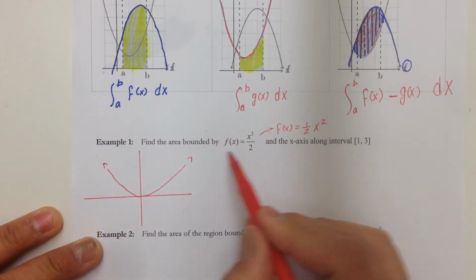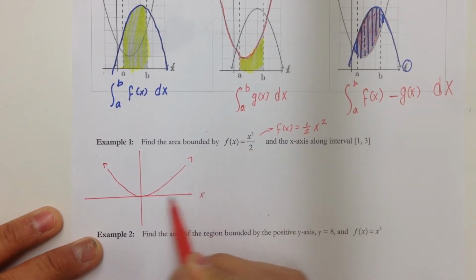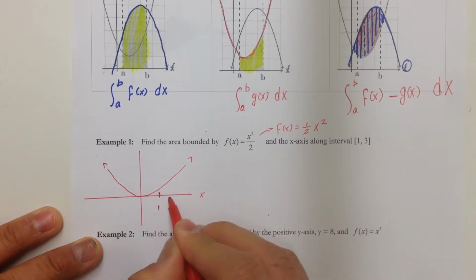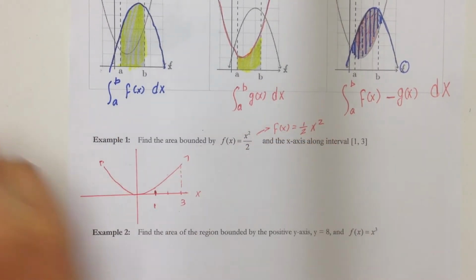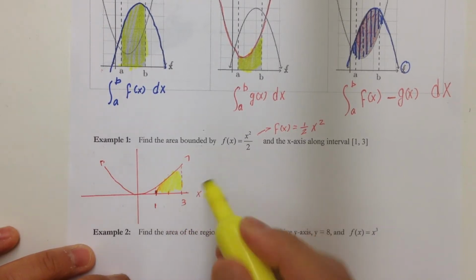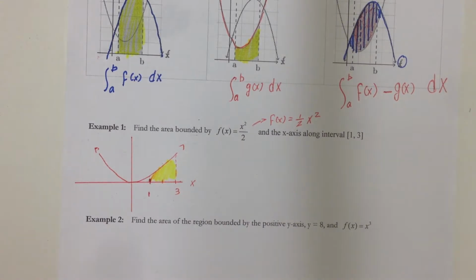I'm looking for the area bounded by this function and the x-axis from 1 to 3. So maybe this is 1, 2, and 3. I'm looking for this area, guys. Clearly, it is bounded by the x-axis from 1 to 3, so I'm looking for the area under that curve.